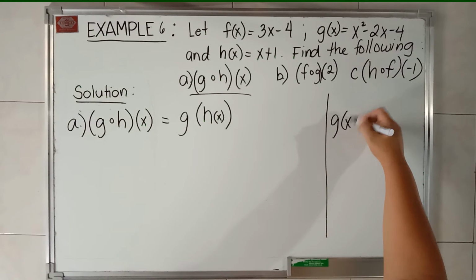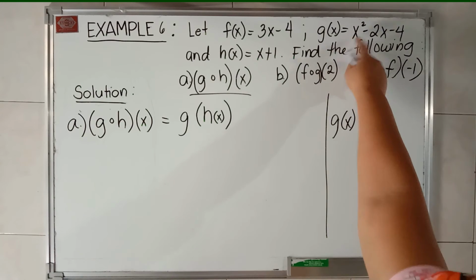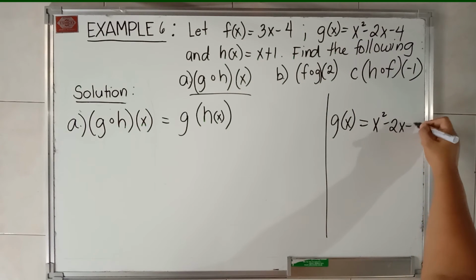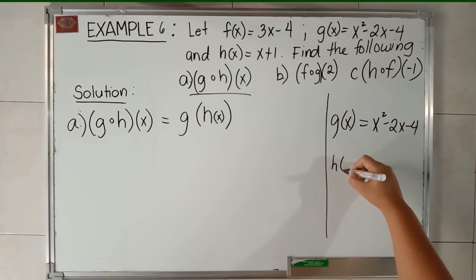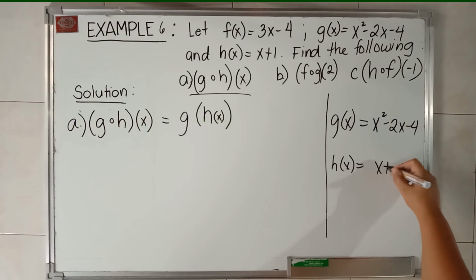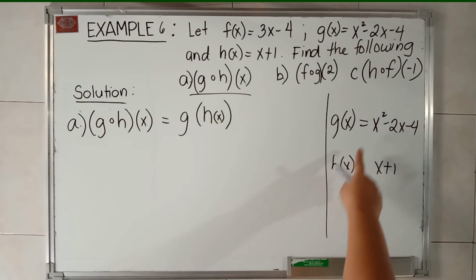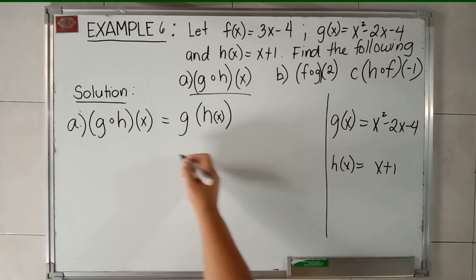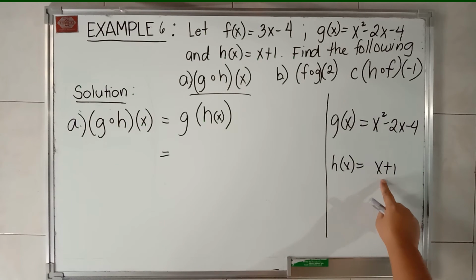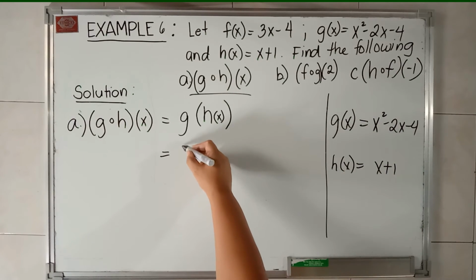So, isusulat ko muna dito si g of x para hindi tayo malito. So, g of x is equal to x squared minus 2x minus 4. At si h of x ay si x plus 1. So, si x plus 1, ilalagay natin sa lahat ng x sa g of x. So, una, papalitan muna natin lahat ng x ng h of x.